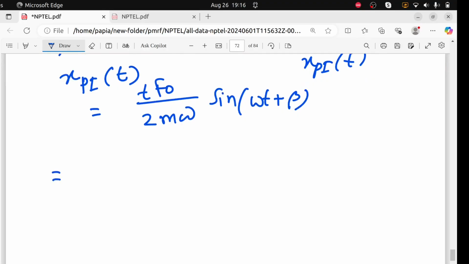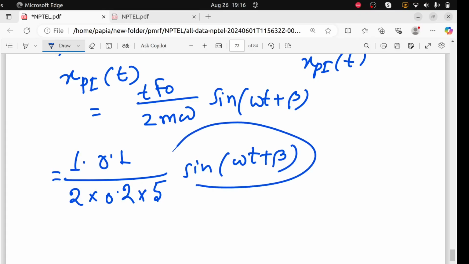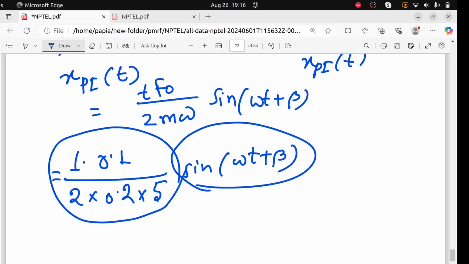So this is nothing but t is 1, F0 is 0.1, 2 into 0.2 into 5, then sine(omega t plus beta). For the steady state, they are only asking the amplitude, so we just need this value.